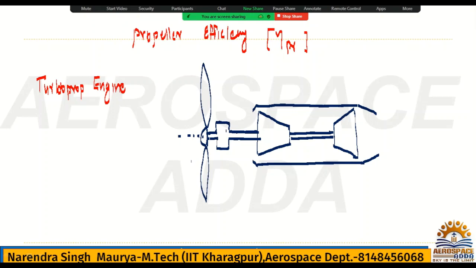We had seen turbojet and turbofan; we had not seen the turboprop engine. So separately, I will explain the turboprop here. In this turboprop we have a propeller, and this is the reduction gear.